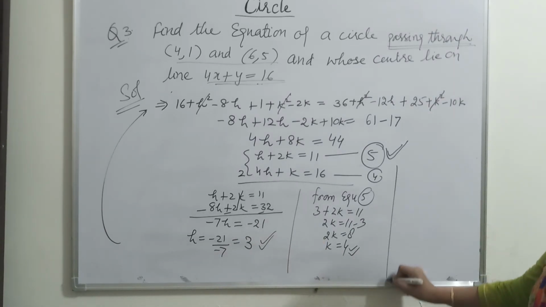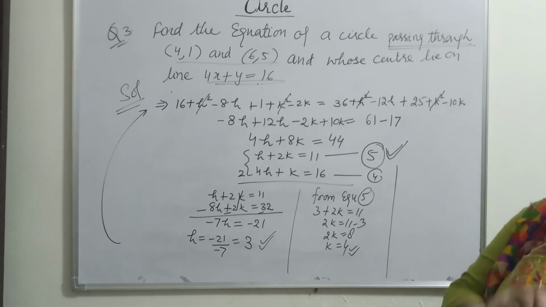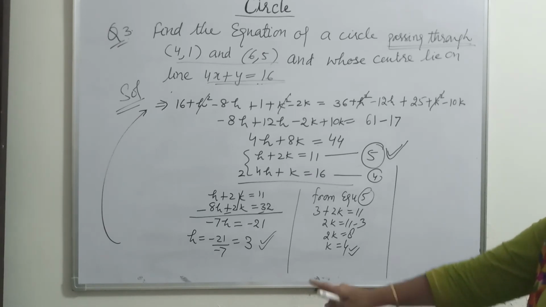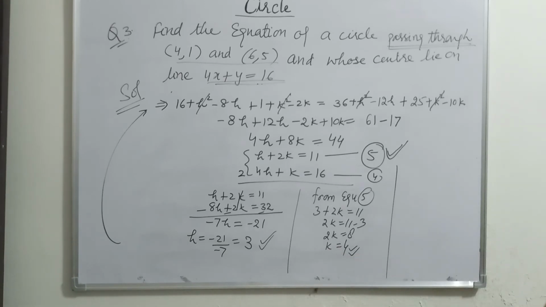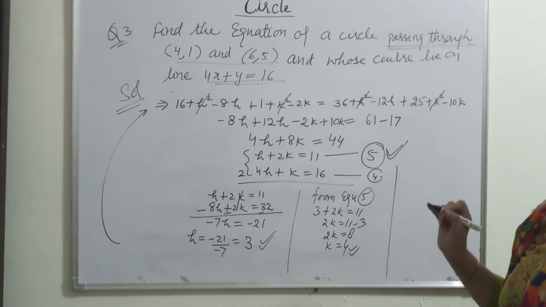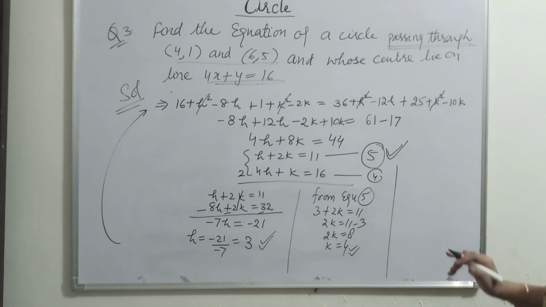Now what is remaining? To find the value of r. In equations 2 and 3 there are 3 unknowns h, k and r; we have calculated two, and now the remaining is r. So you can put the values in equation 2 or 3.